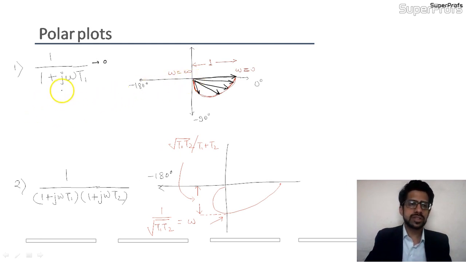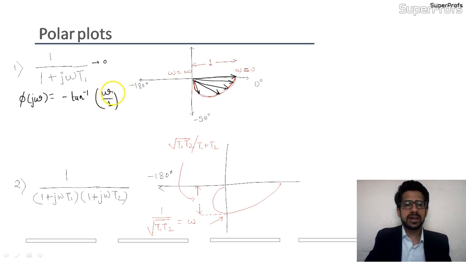As you can also see, the phase of g of j omega here is nothing but minus tan inverse of omega by 1. So as you put omega towards infinity, the angle will be negative, and that is essentially why the angle goes from 0 towards minus tan inverse of infinity, which is the limiting value of omega, and you get minus 90 degrees.